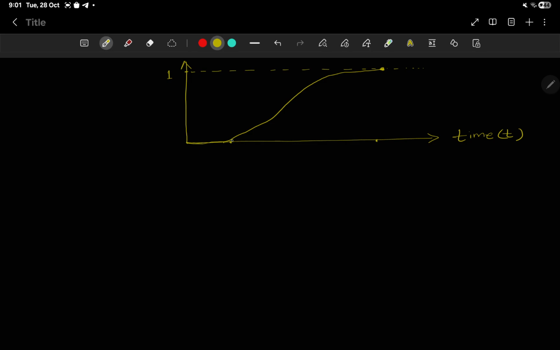Now I think it is better. So this will be like an S curve. Just draw one graph here for the variation of x, and let's draw another graph here.